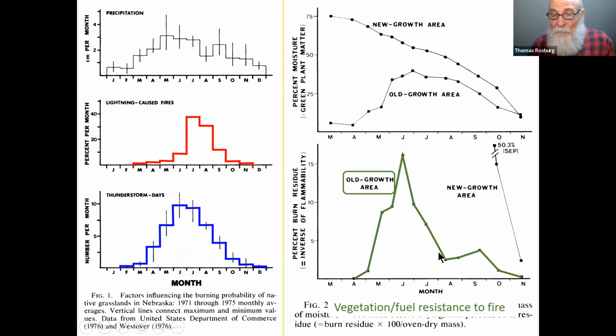But look how much it drops off in July and August. This going down means that flammability is going up dramatically here. So that's an explanation for why July and August are the times when lightning-caused fire would have been most likely to occur.